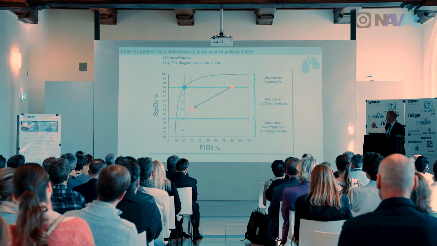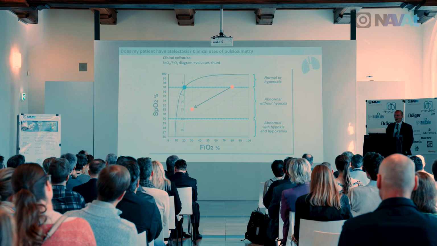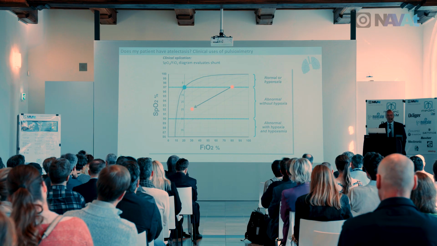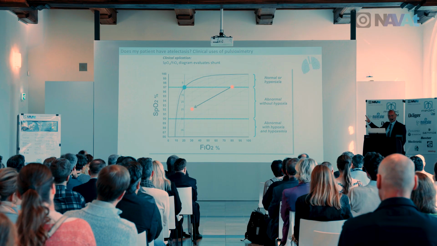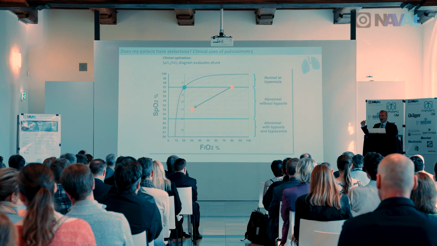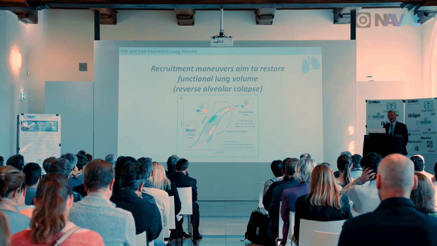So this is the first thing that we need to do: reduce the FiO2 to 0.21, 0.23, 0.25 during a few minutes. Let's see what happens with the SpO2. If it drops, intraoperative atelectasis, so we recruit the lung.